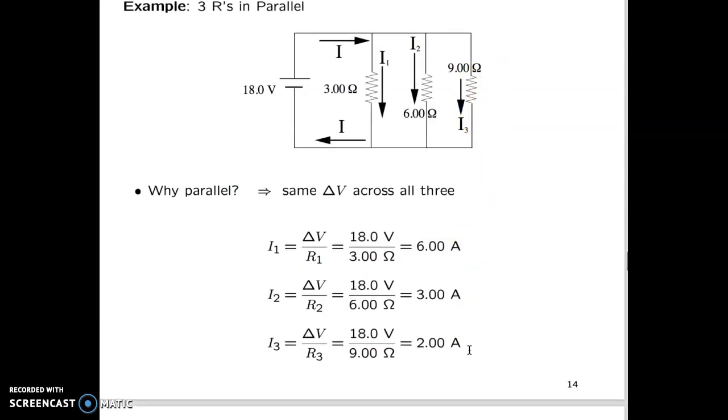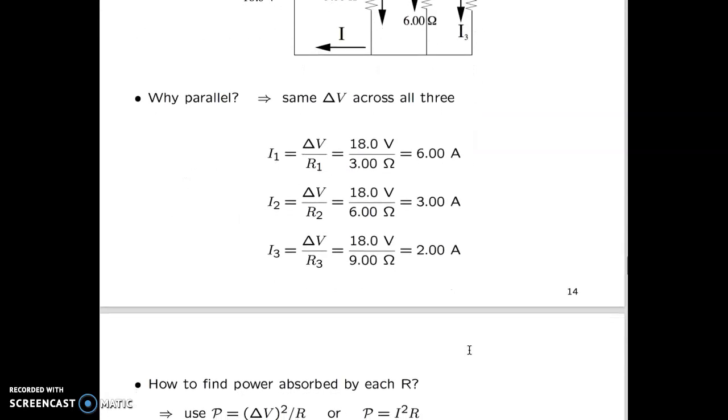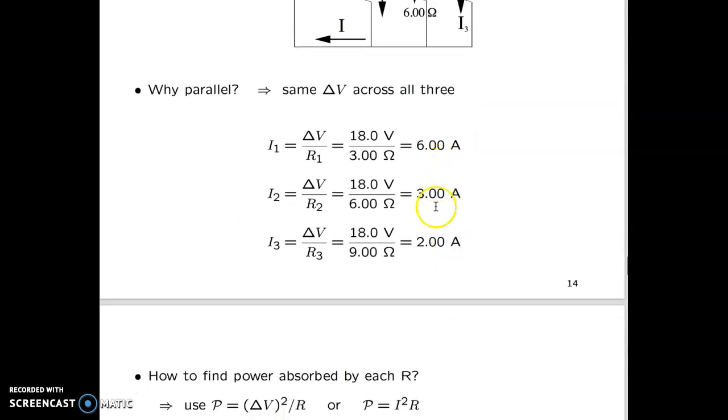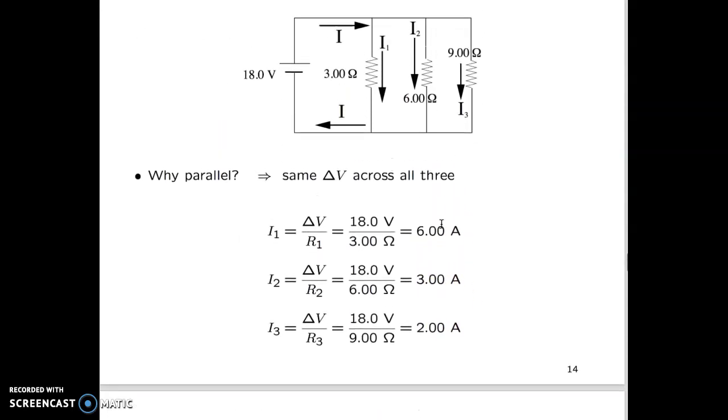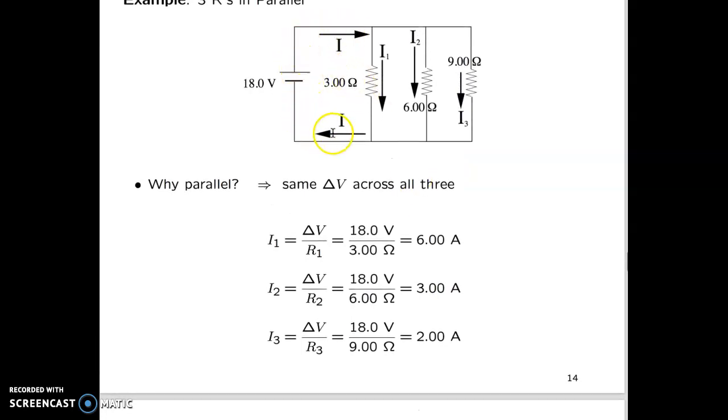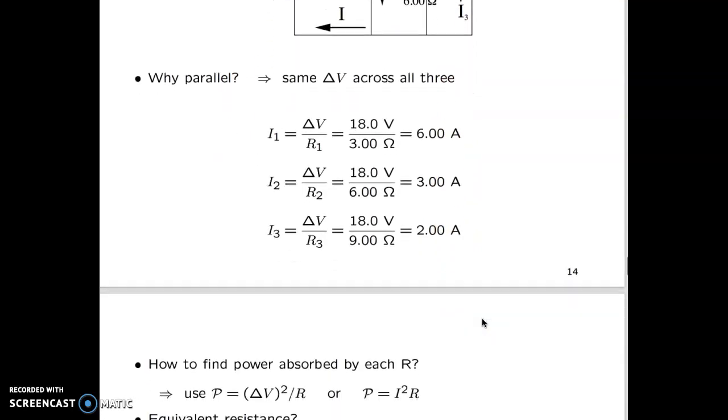Okay, and the sum of the currents here will be the total current I flowing through this branch that goes through the battery. So if you were asked how much current flows through the battery, it'll be the sum of these three contributions, 6 plus 3 plus 2, which I think is 11 amps.